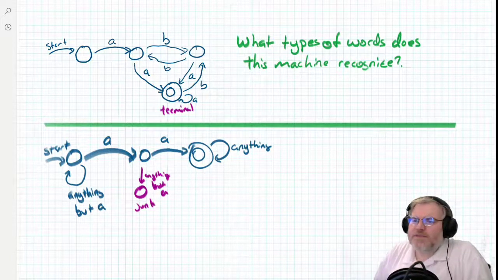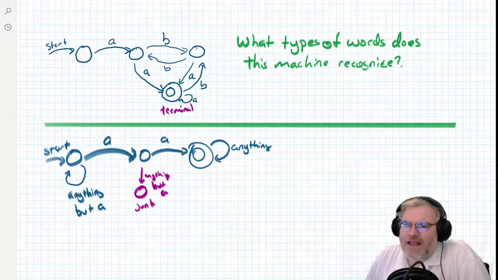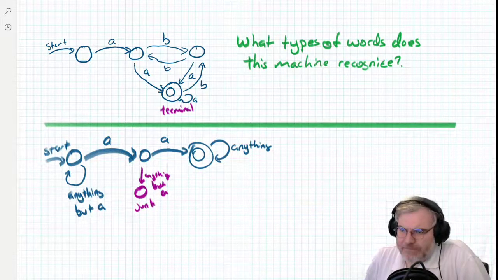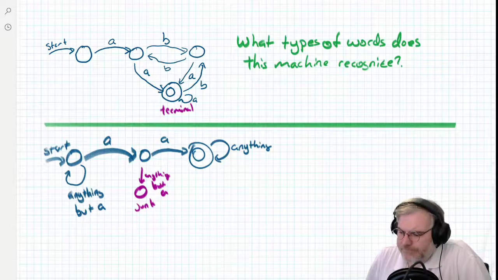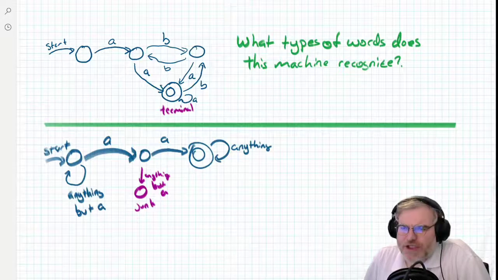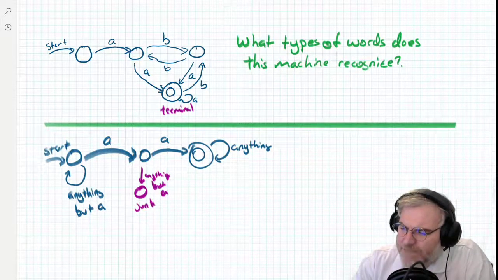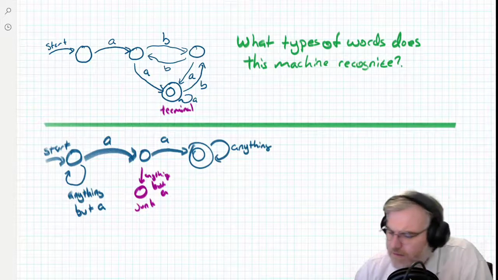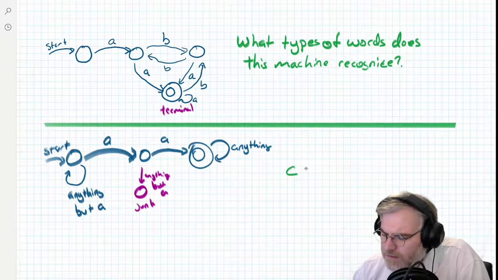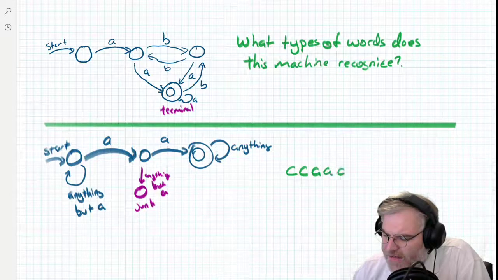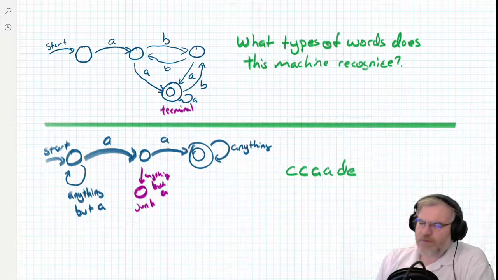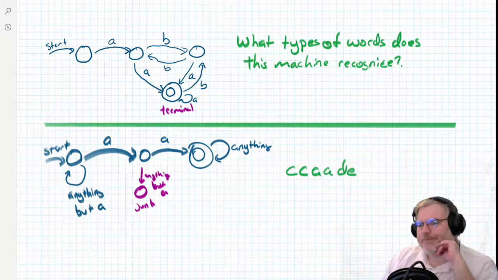So what does this machine do? What words does it accept? That is my question. What does this machine accept? Will this machine accept C, A, D, E? Will that machine accept that word?